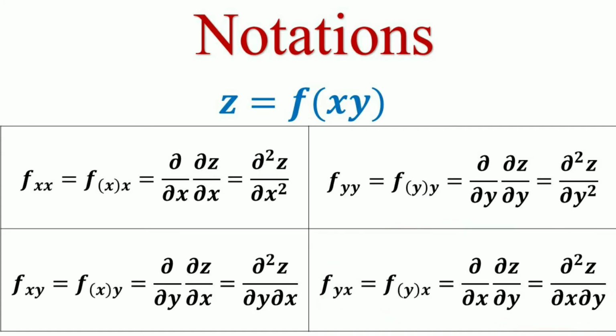These are the various notations used to explain the four possible second order partial derivatives. That is, two second order direct partial derivatives in the form of f of xx and f of yy, and two cross or mixed partial derivatives in the form of f of xy and f of yx.